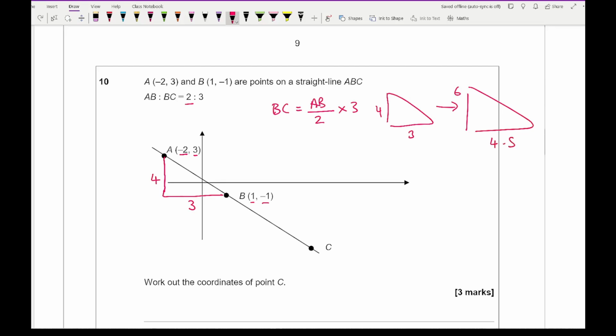So that's the dimensions of this triangle here. This is going to have a height of 6, and this length here is going to be 4.5.